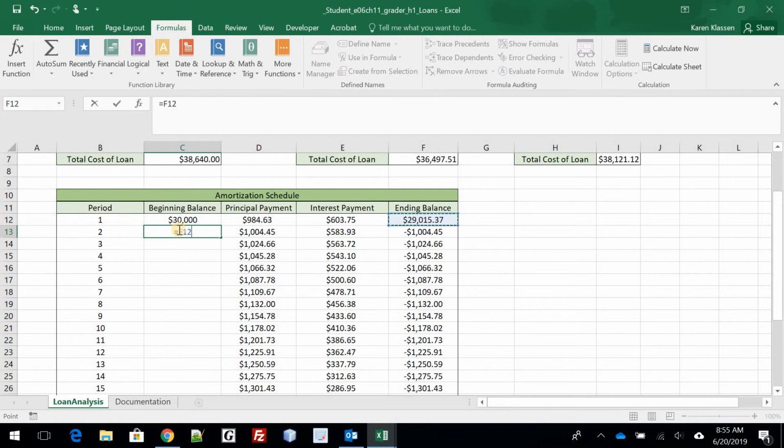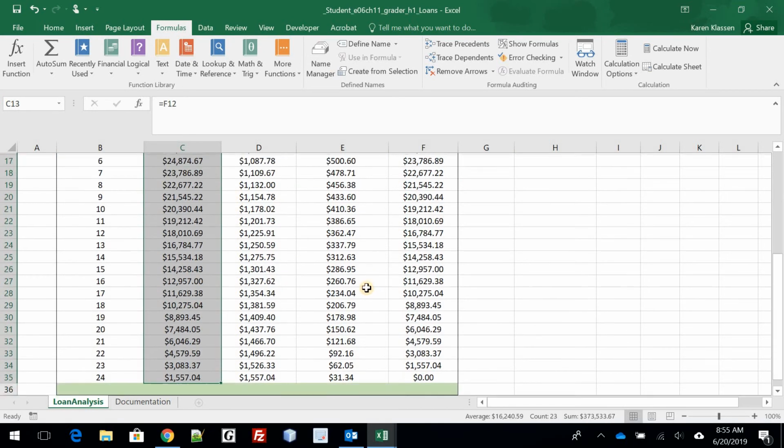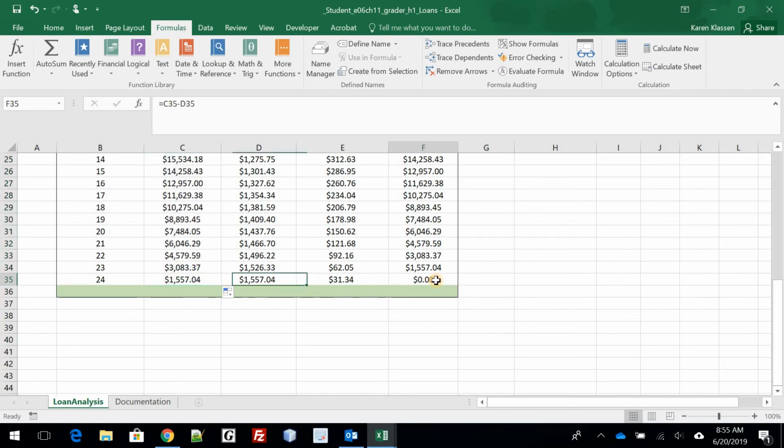Okay, so it's taken into our balance is $984 less than it was the first period, okay? And then we're going to copy that down. If you scroll down, you should be 0, and the previous balance is your payment. Okay? And that was it.